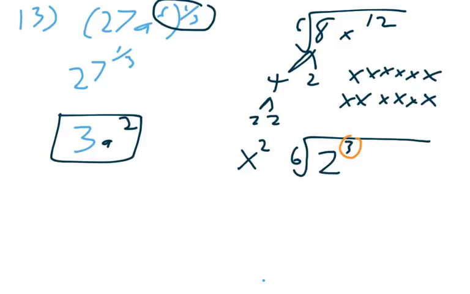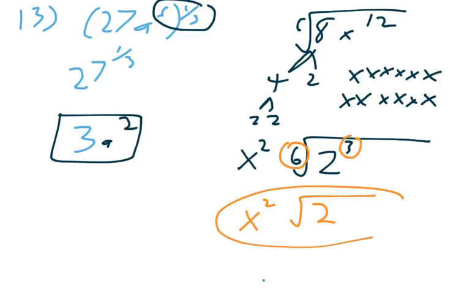Because these numbers are both reducible by 3, basically this became a 1, and this became a 2, but we don't need to write the 1 and the 2 in the problem. So here's my simplified version, number 13b.